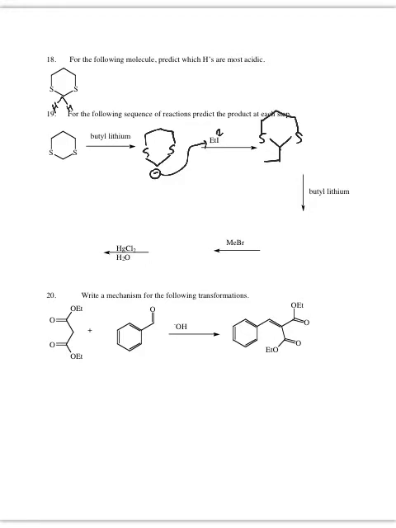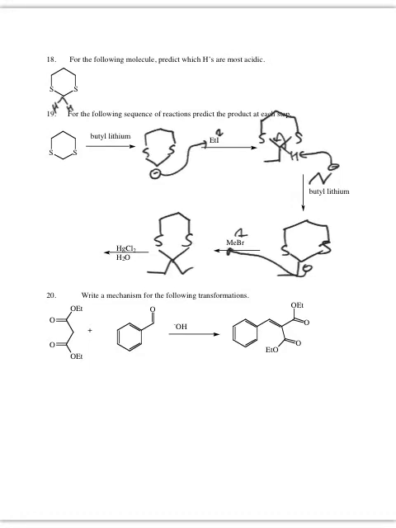And then with butyllithium again, we can remove that hydrogen to form the anion again. And then with methyl bromide, it can do an SN2 again to attack the methyl. And we have added a methyl and an ethyl onto the carbon between the sulfurs.